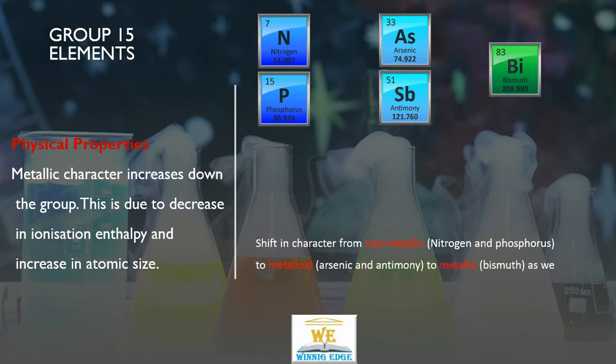On that basis, we can classify group 15 into three parts. First, nitrogen and phosphorus, which are purely non-metallic. There is a shift from non-metallic character to metallic character, going through metalloids as we move down the group. Second part, the metalloids, arsenic and antimony. Third part, bismuth, which is metallic in character.